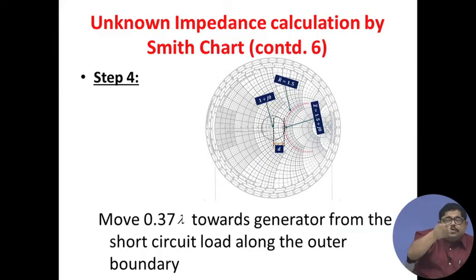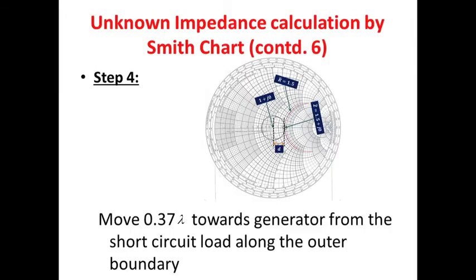If you do that, that is 0.37 lambda towards generator from the short circuit load. So, you move towards generator. In your Smith chart you see which way to move for going towards generator. Since we have noted that minima shifts by 0.37 lambda towards generator, we will have to move along that.